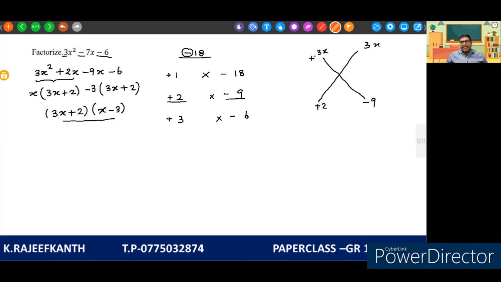So here 3x plus 2. Here common factor for the 3 and 9 is 3. So we can divide by 3. 3x divided by 3 is x, 9 divided by 3 is 3, then x minus 3. So in this way also we can factorize this one, right? So 3x squared minus 7x minus 6 is equal to 3x plus 2 times x minus 3.